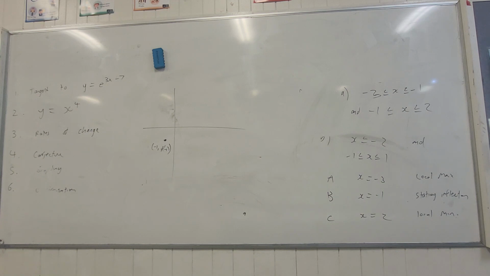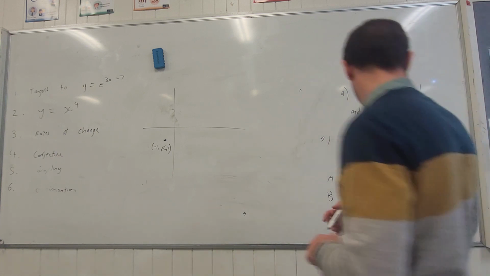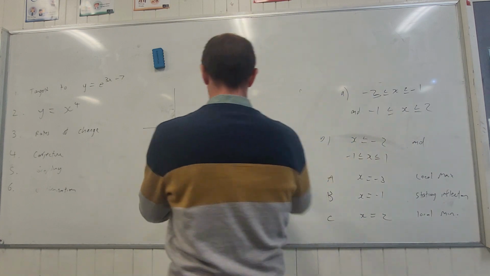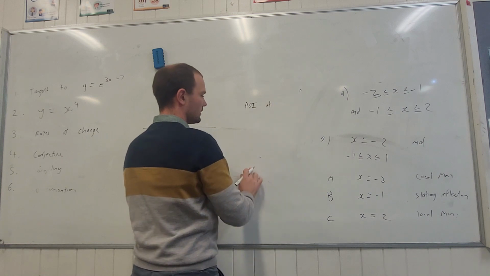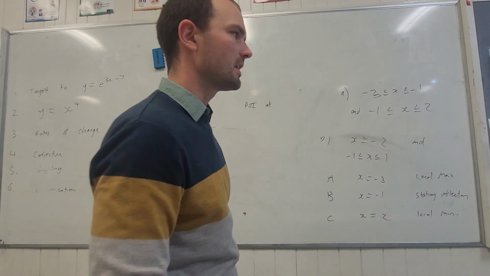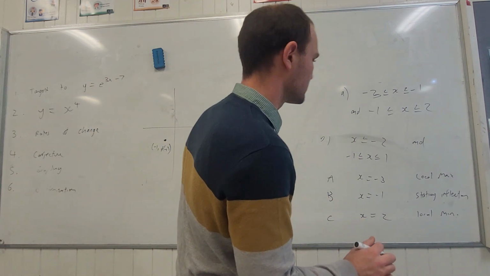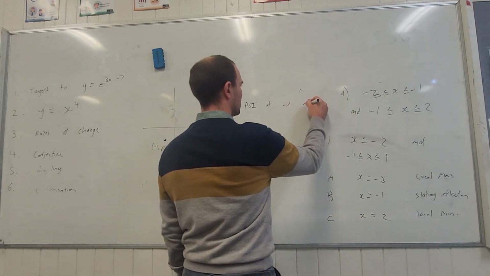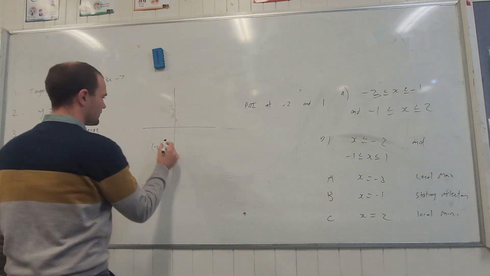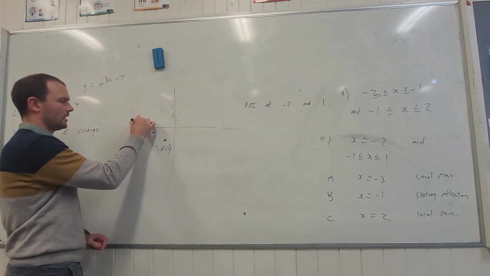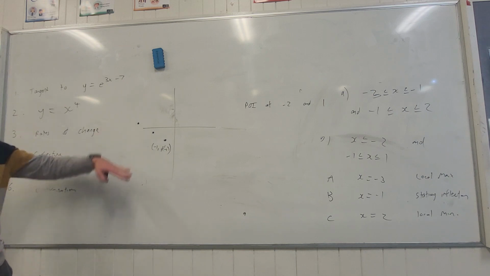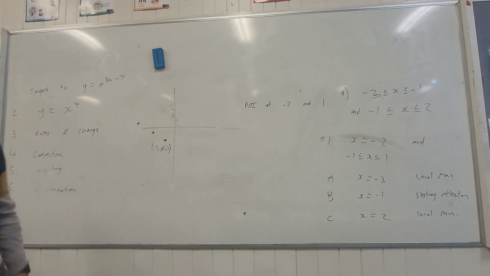Local max at x is -3. It's concave down until we get to x is -2. Alright, so let's maybe, what have we got? We've got stationary inflection there, and we have non-stationary points of inflection at -2 and +1. Alright, so we have a point of inflection here somewhere, and we have a local max here somewhere. I might just put some points on and then adjust the axes accordingly.